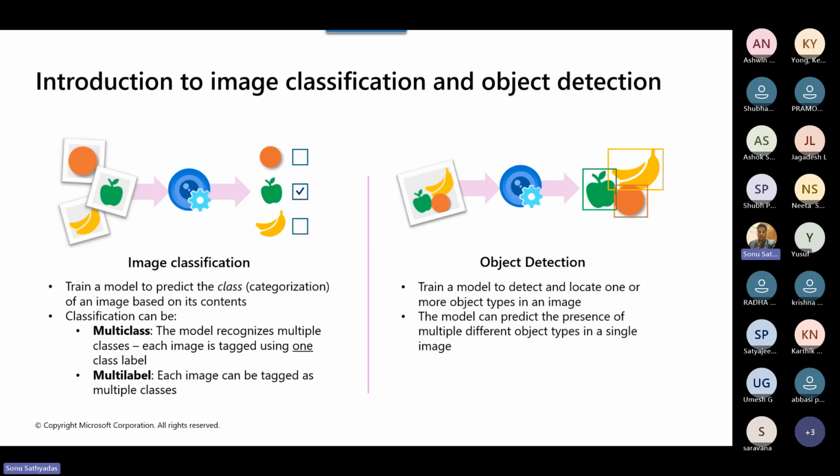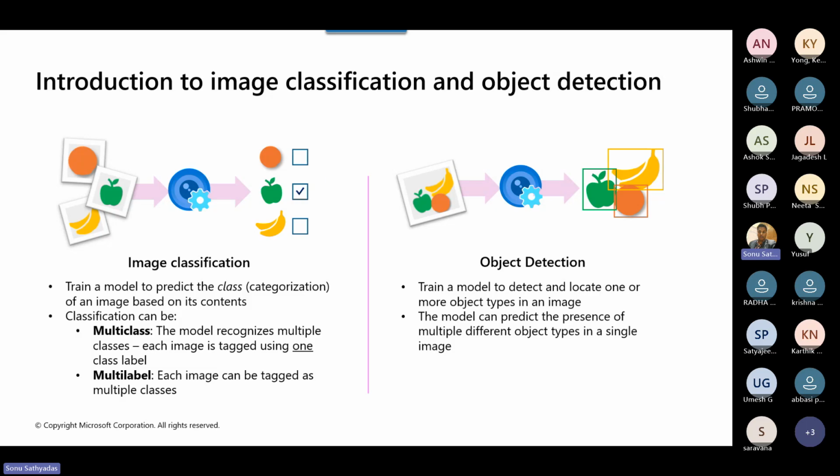Suppose if I have 20 types of dogs available, so we have to upload multiple pictures of each category dog and train the model. So we have to train the model with all the 20 categories. Then only the model is able to detect which is the dog category.